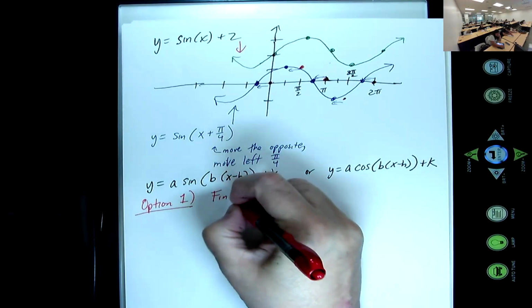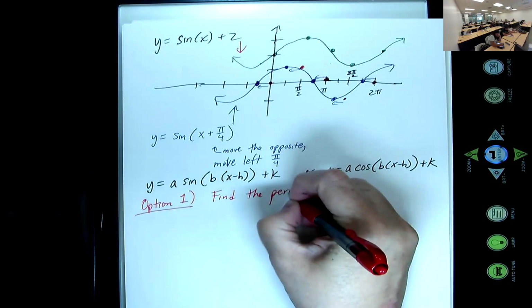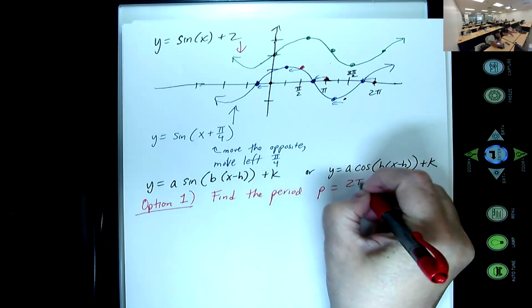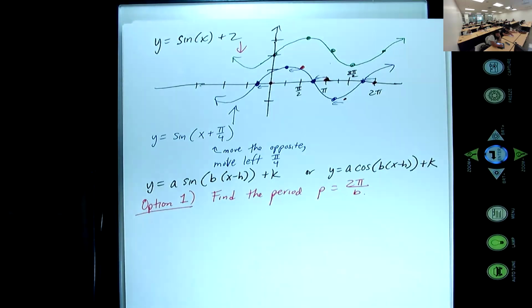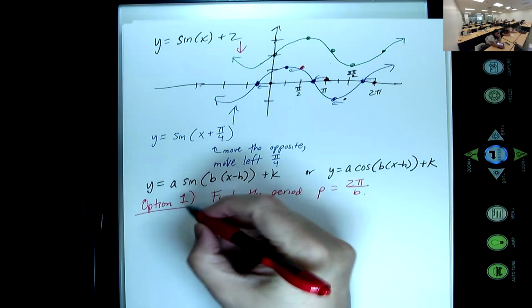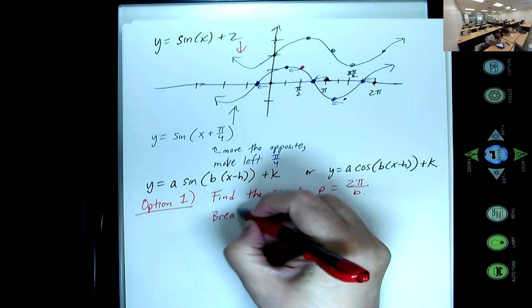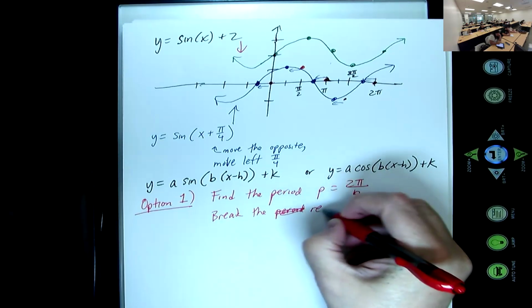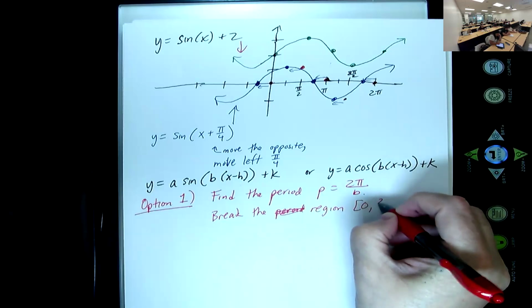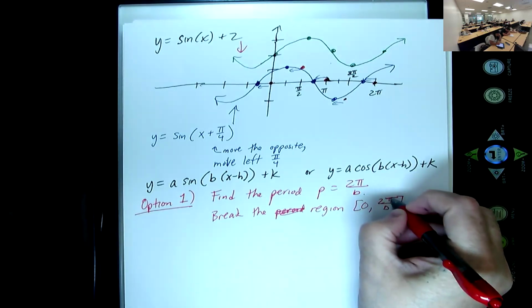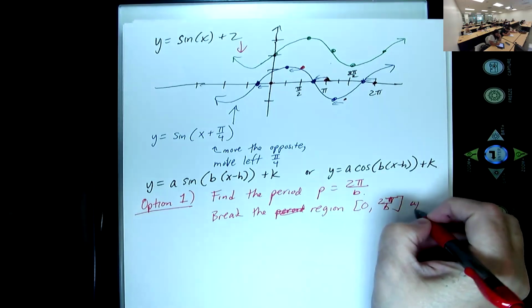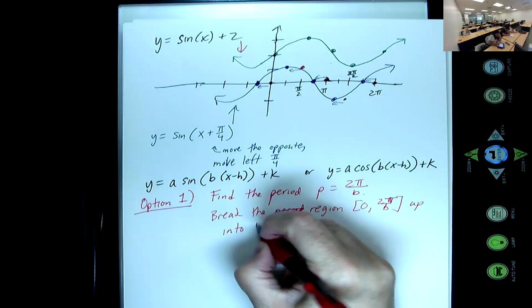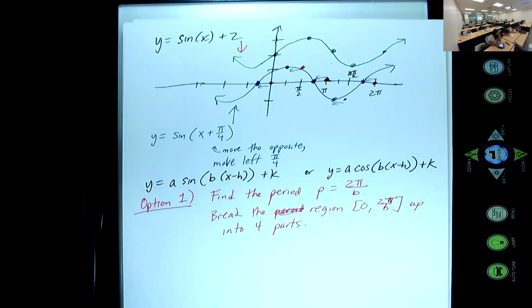Find the period. P equals 2 pi over b. And break the period, or the region, 0 to 2 pi over b, up into 4 parts, like we did earlier.